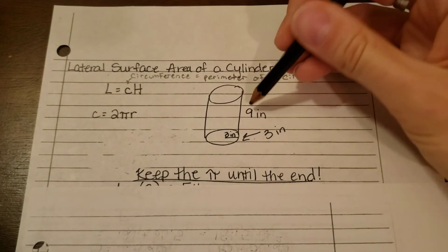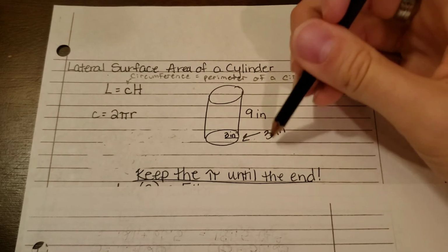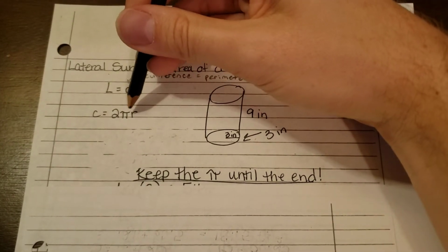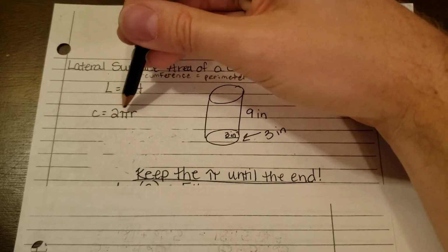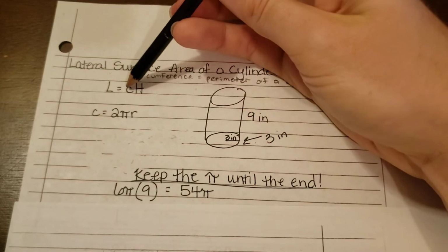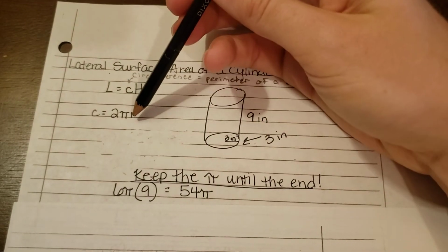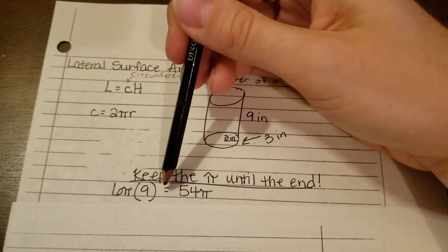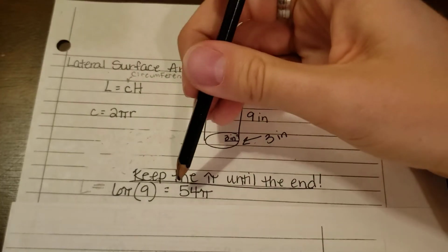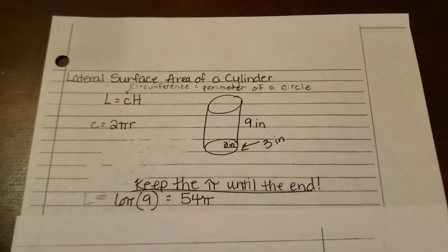So we are going to multiply our height times our circumference. When we plug in 3 here, we get 2 times 3, which is 6 pi. So we've got 6 pi, our circumference, times 9, our height. So our lateral surface area is 54 pi.